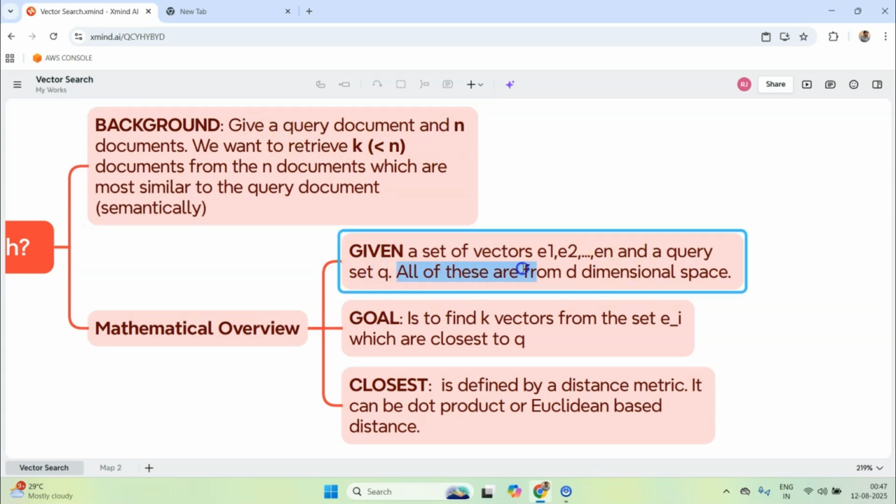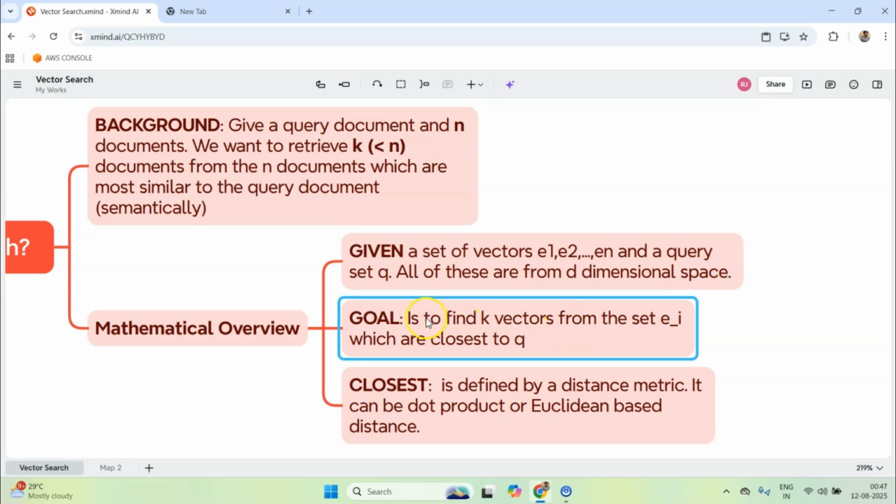All of these are from d-dimensional space, and when we talk about vectors, we also talk about dimensions. So I am assuming that all of these vectors are coming from the same dimensional space, and that's how we will be able to do similarity calculations, because if the vectors are coming from different dimensions, then it would not make sense and it would not even be possible to compute similarity metrics.